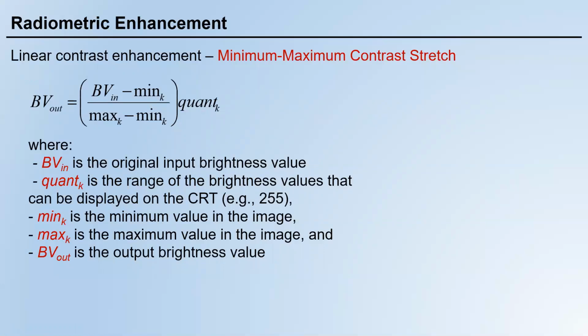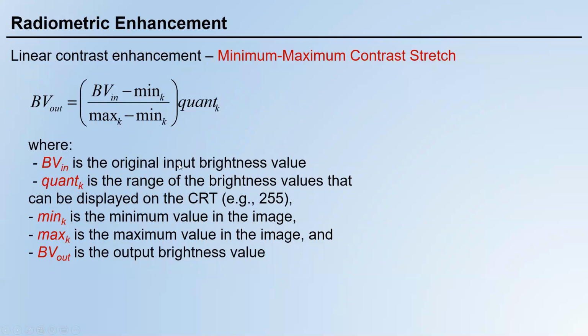And we're going to apply this process, this minimum-maximum contrast stretch, to all pixels in an image. So a contrast stretch is a process for all pixels. Okay, we're going to do it pixel by pixel. So BV out is the output value, something we want.